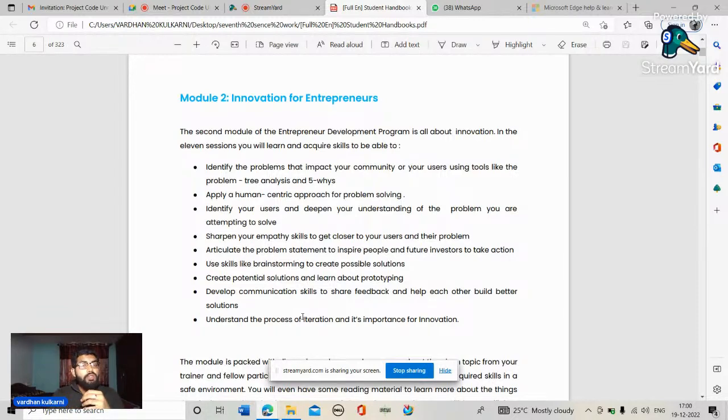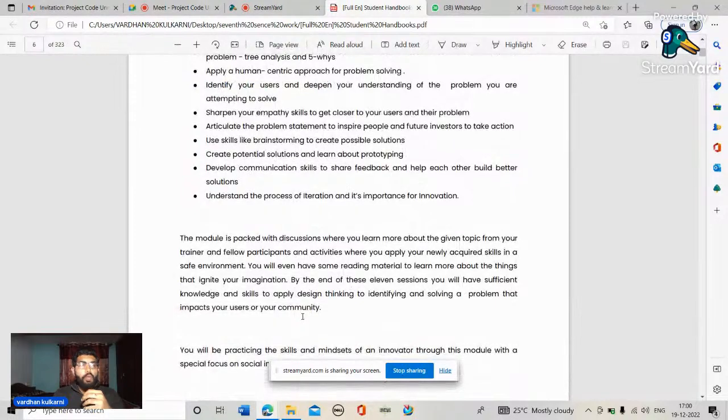Understand the process, iteration and the importance of innovation. So when you understand the process, you'll know the importance of innovation. As an example, as I said a few minutes ago, if there is a quarrel between the neighbors, and you apply the iteration process, you'll be bringing innovation, or new ways of ideas, to solve the quarrel or the misunderstanding between your neighbors.